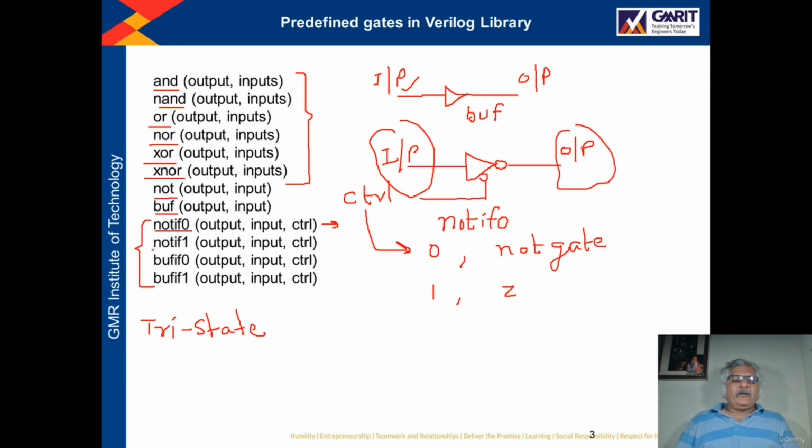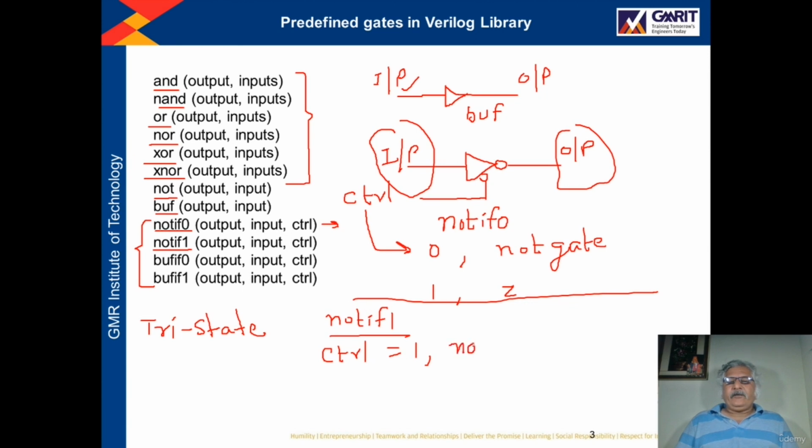In the same way there is notif1, right? In notif1, if the control input is 1, then it acts as a NOT gate.